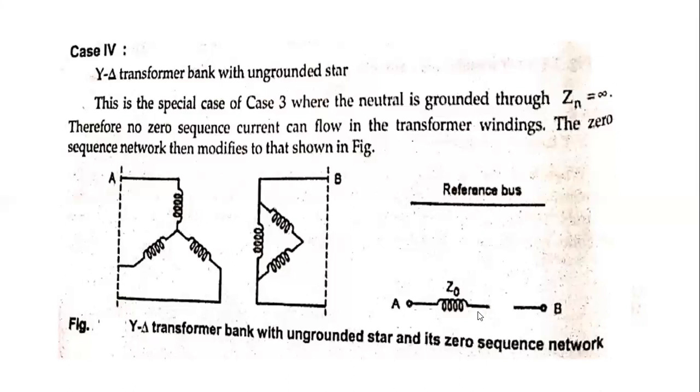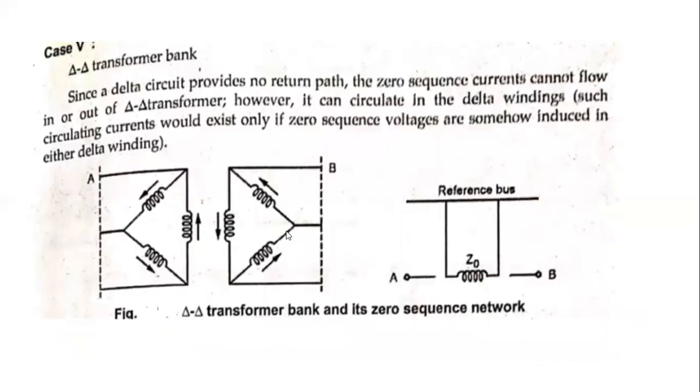Therefore, the B side is open circuited, and the zero sequence network is modified like this. This is the zero sequence network for the star-delta transformer with an ungrounded system.